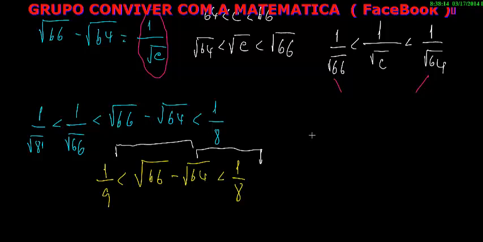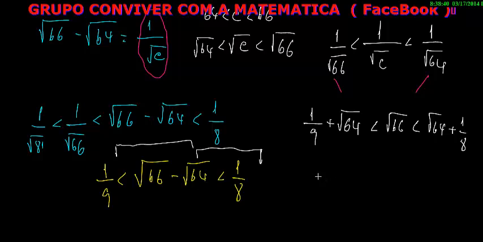So it is quite simple to understand that I will have 1 over 9 plus square root of 64 lesser than square root of 66, and lesser than square root of 64 plus 1 over 8. Let us say that square root of 66 is lesser than 8 plus 1 over 8, and it is greater than 8 plus 1 over 9.